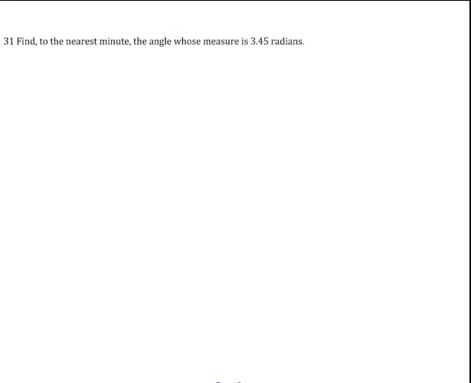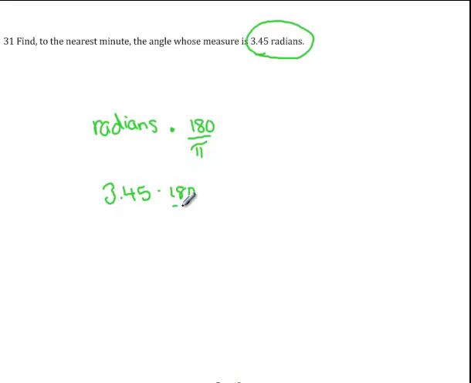Okay, find to the nearest minute the angle whose measure is 3.45 radians. So I'm given radians, and I have to turn it into degrees. And I know to take radians and turn them into degrees, I multiply by 180 over pi. So my radians of 3.45 times 180 over pi, this is going to entail my calculator.